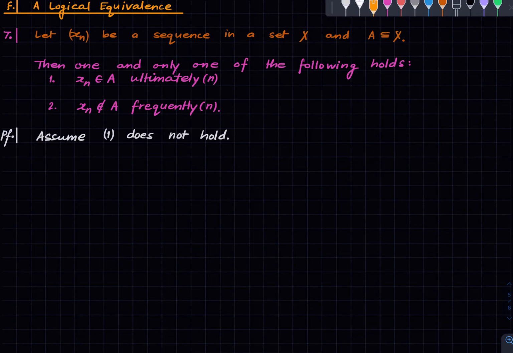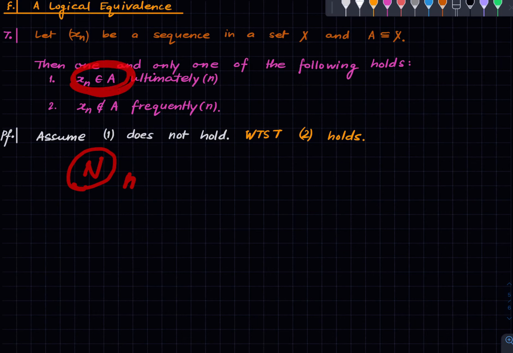We want to show that 2 holds. So this will finish the proof. Now since this does not hold, whenever you pick a natural number n, there is some natural number little n exceeding it, which violates this property.